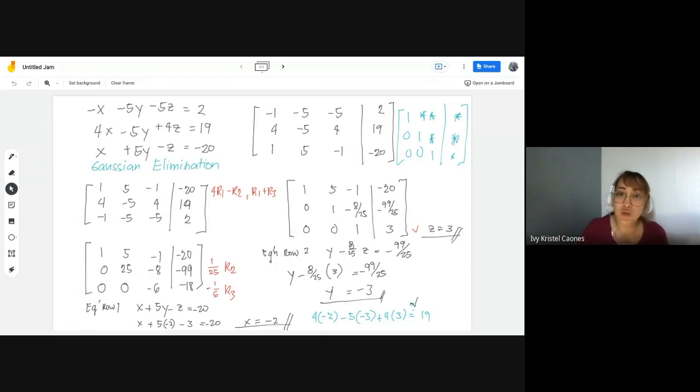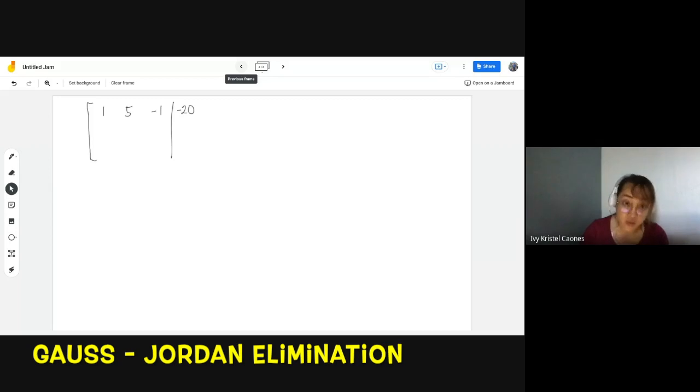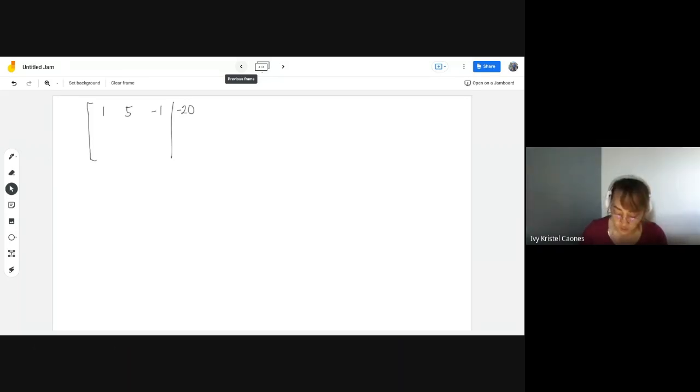If you want to continue, that is Gauss-Jordan elimination. So 1, 5, negative 1, negative 20. Then we have 0, 1, negative 8 over 25, negative 99 over 25.